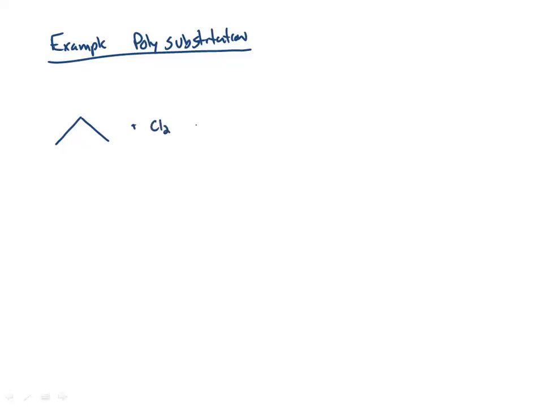So here's an example of what we mean by polysubstitution. If I just take this molecule plus, say, Cl2, and we're going to assume that two swaps occur. And so what that means is that I can add two chlorines to that molecule.